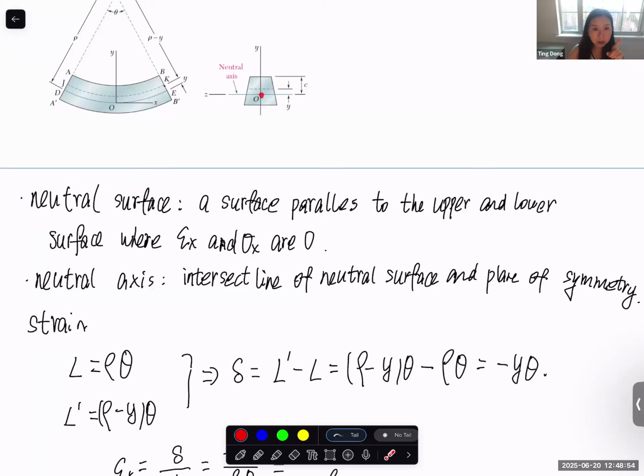And this point is generated by having the neutral surface and the plane of symmetry, right? So this one is the neutral surface on the cross section, and this one is a plane of symmetry. Now there's a point, the intersection point, and for every cross section, if you connect this point, this line becomes the neutral axis.